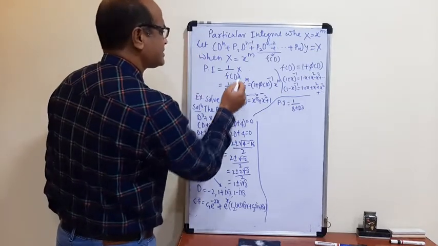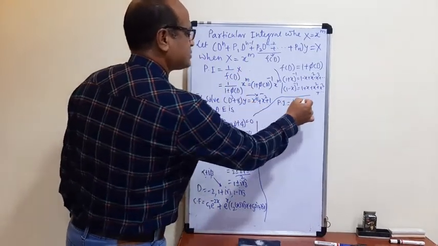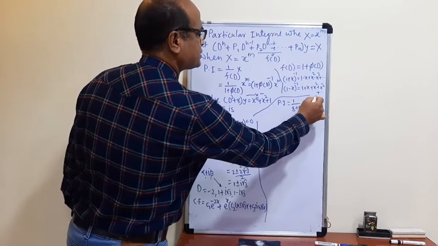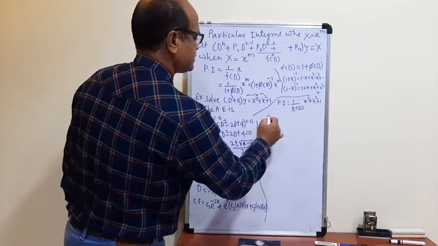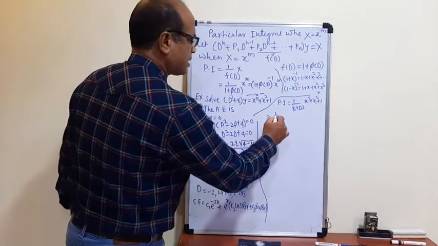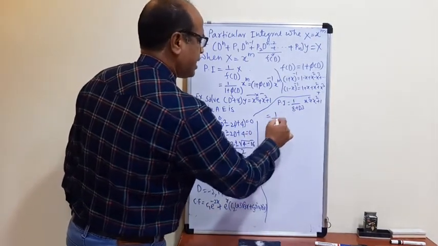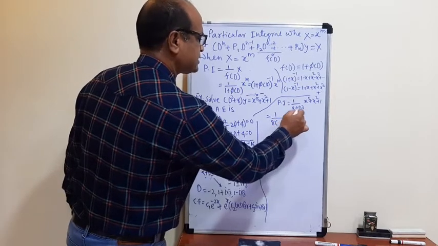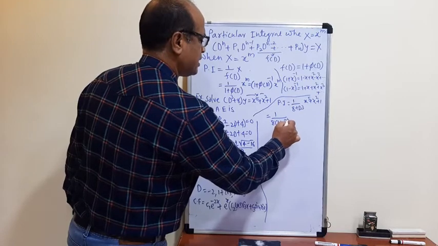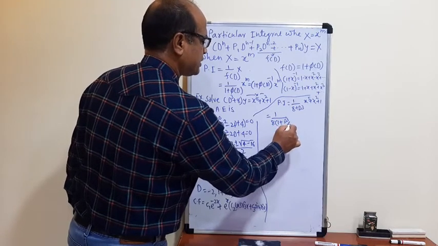And what is X? X in this example is x raised to 5 plus x square plus 1. Okay, so this is equal to 1 upon, we're taking out 8 from this. So remaining in bracket 1 plus D cube upon 8.